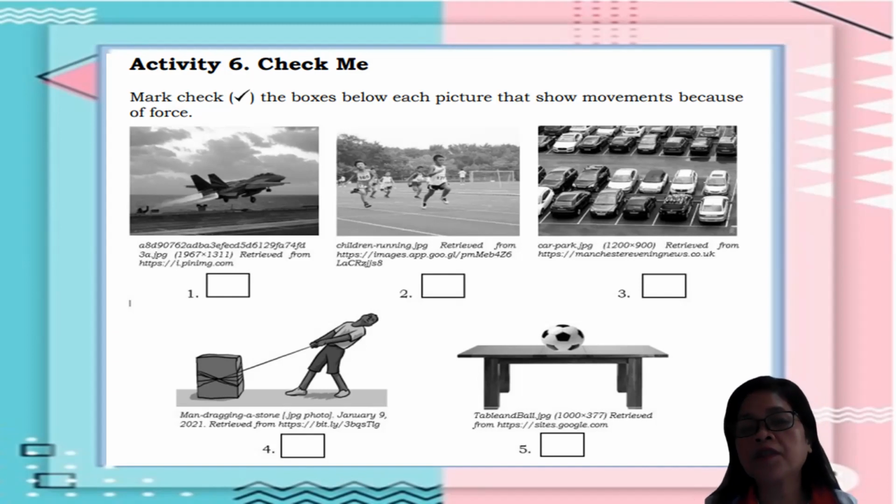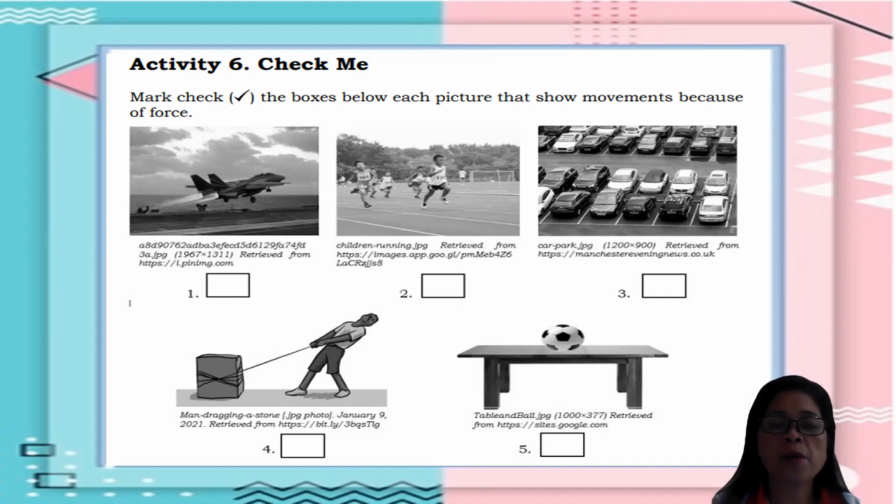What about number 3? Are the cars moving? No. They don't move. So leave blank. How about number 4? Is the object moving?